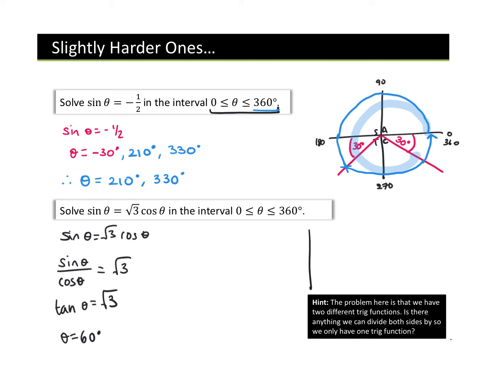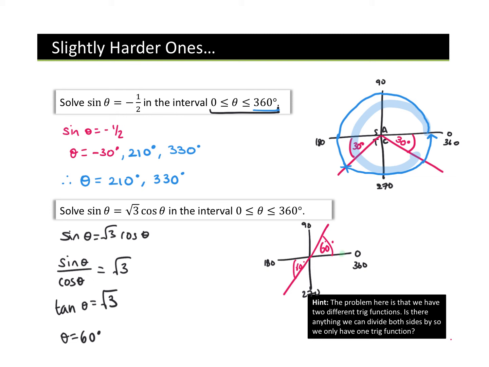Okay, step 1, set up the CAST diagram. It wants it between 0 and 360. So if I do my 60 degrees, it's roughly here. Tan, CAST, so this is 60. Okay, set it up, done. Now I'm going to go round and see what's going on.